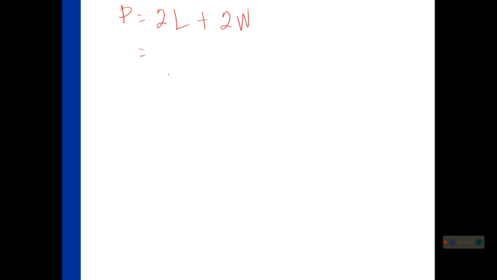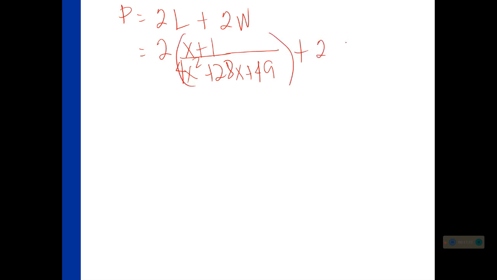So, as I have said, we have here the length, which is x plus 1 all over 4x squared plus 28x plus 49. Plus 2 times our width, which is x plus 6 over 4x squared plus 28x plus 49.